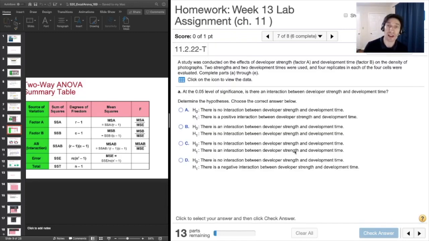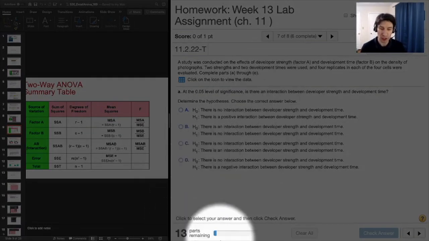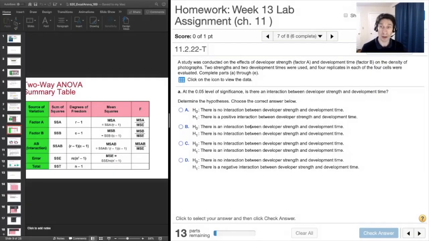Okay, question 7. Now this is going to get a little bit tough because we have 13 parts in these questions. But don't worry, it's actually fairly straightforward, and those questions always just rely on you running an ANOVA and then looking at the output of an ANOVA.